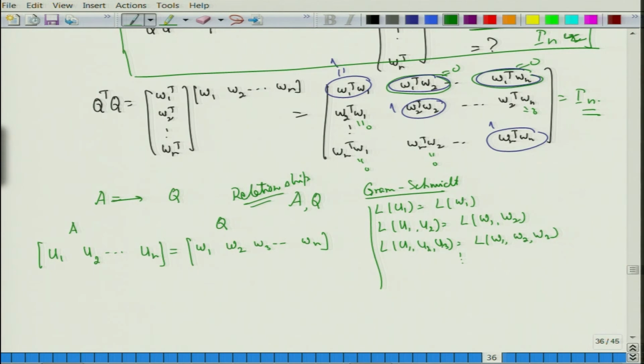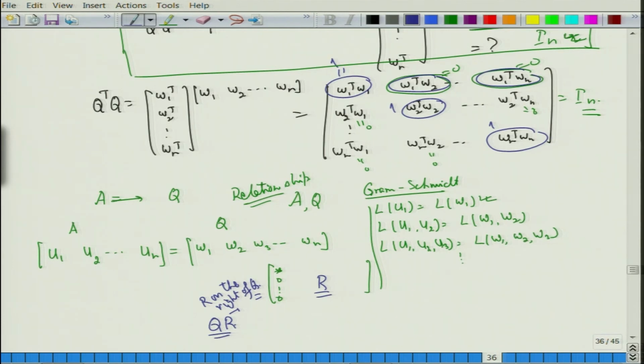Since the linear span of U1 is the same as the linear span of W1, I multiply this on the right by a matrix R and get something here, then 0 0 0. I am looking at Q times R. Since I am multiplying R on the right of Q, I am doing column transformations.